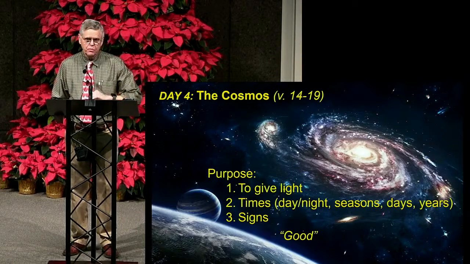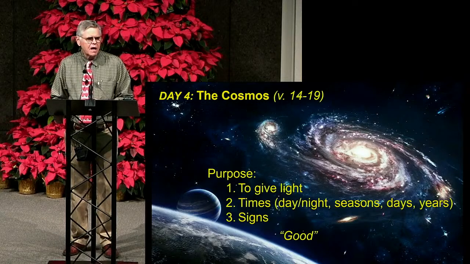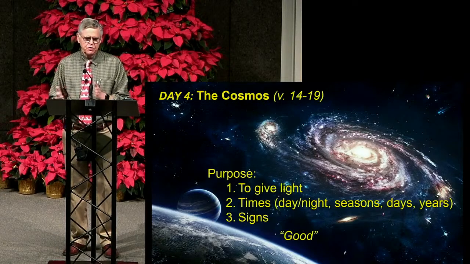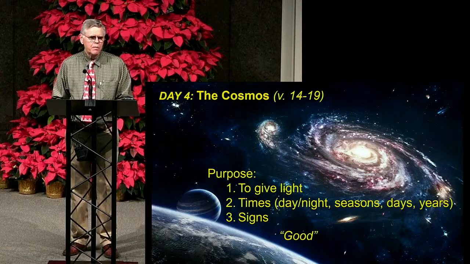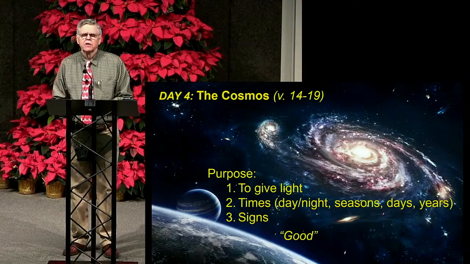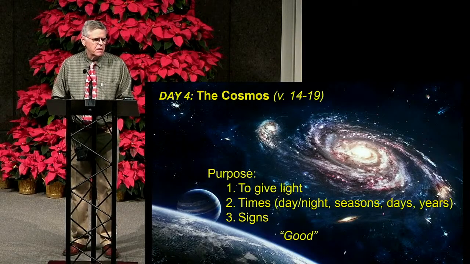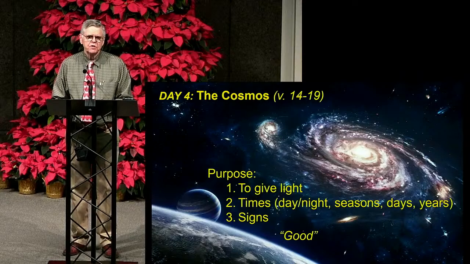In fact, we're coming up on the winter solstice in about a week. And for marking various holidays, because we know when we get into the Jewish period that there are a number of holidays and festivals that were based on different times of the year and looking at the motion of the moon and the earth and so on, and also marking special days of the year and also just counting the years.